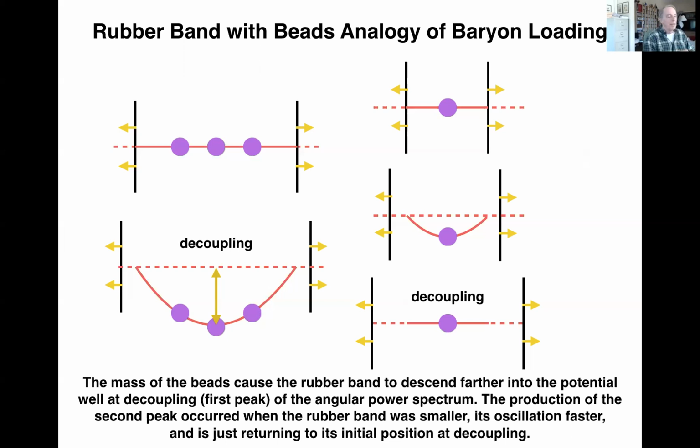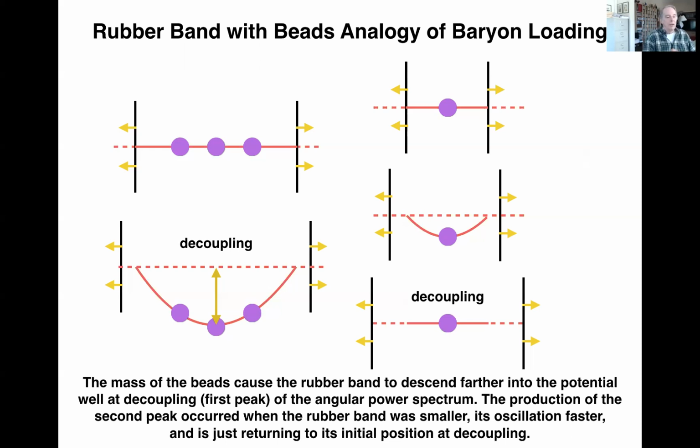The greater the baryon load, the more the first peak is influenced by it, because on that large angular scale, when decoupling occurs, they're at their maximum compression. This second peak is produced by those inhomogeneities that happen to be released on a smaller scale at such a time that they went through a complete oscillation, and at the time of decoupling, they were back to their initial state.